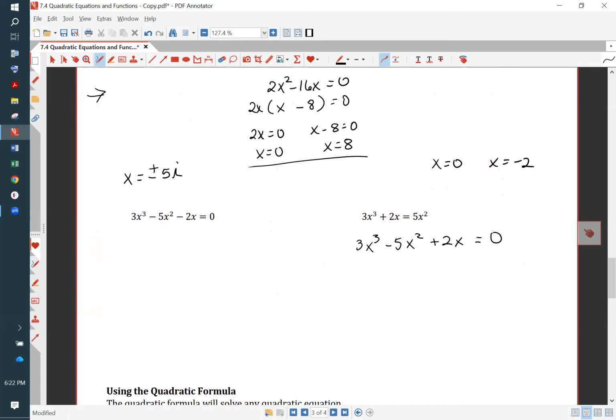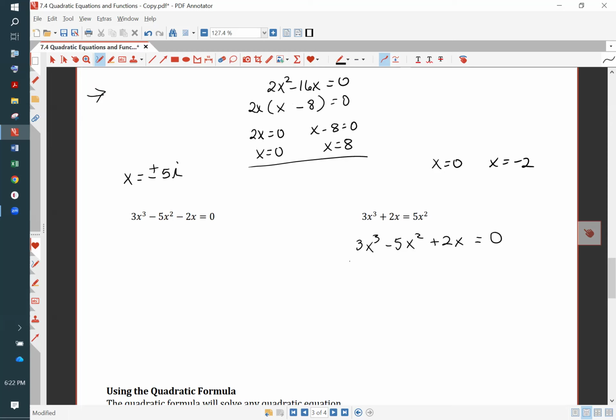Does everybody understand that I've just subtracted 5x squared from both sides? Yes or no? Have I confused anybody there? Yes. Okay, I understand it.